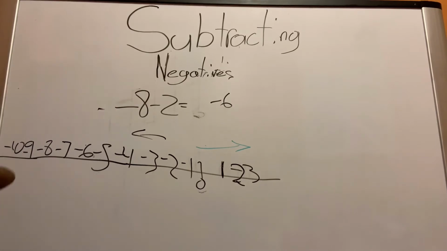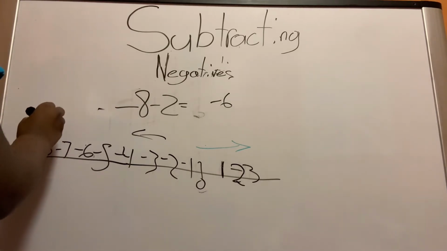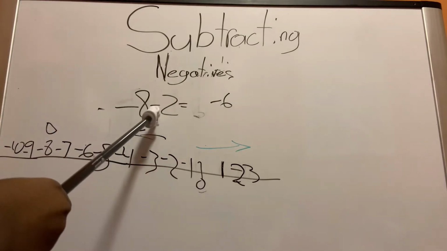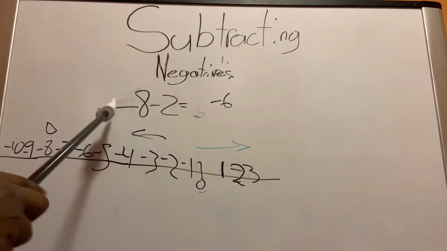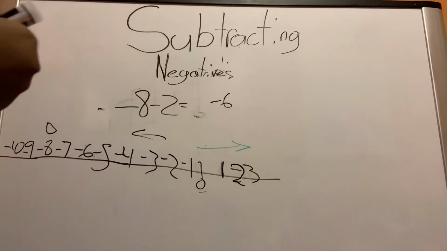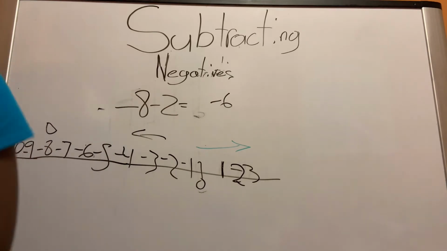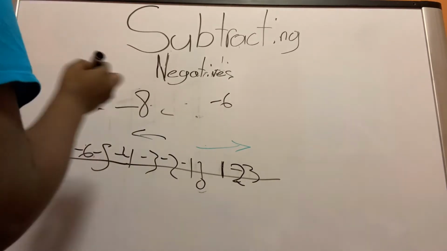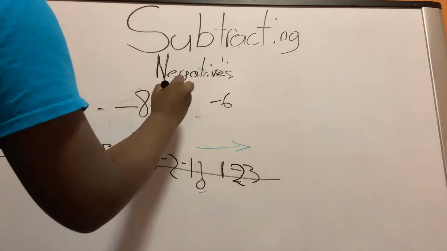So now when you have negative 8 already, right here, and you're subtracting 2, so you're taking away a regular 2, but subtracting is the same thing as having a negative. So a negative 8 and negative 2, let's just pretend it says this. Even though it says negative 8 minus 2, let's pretend it said negative 8 plus negative 2.